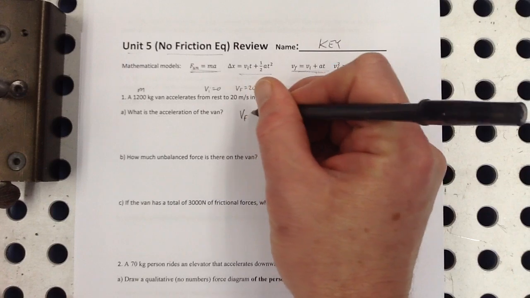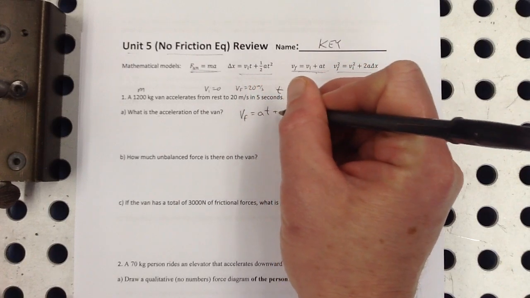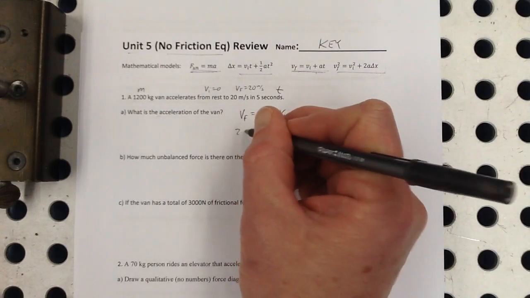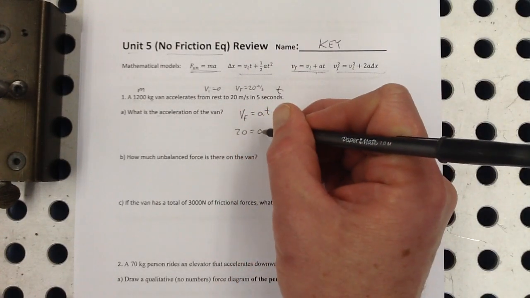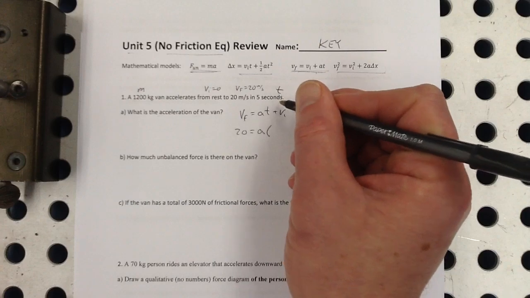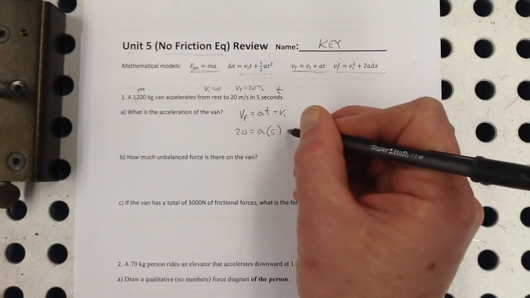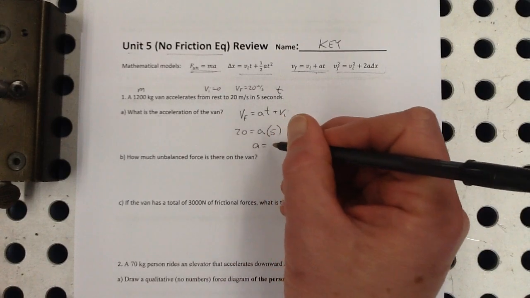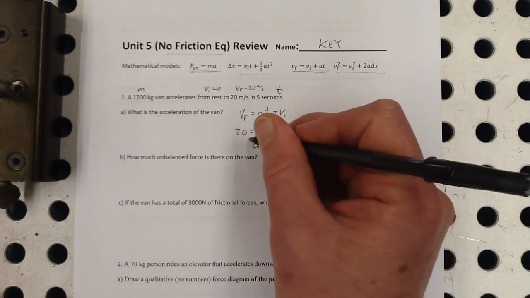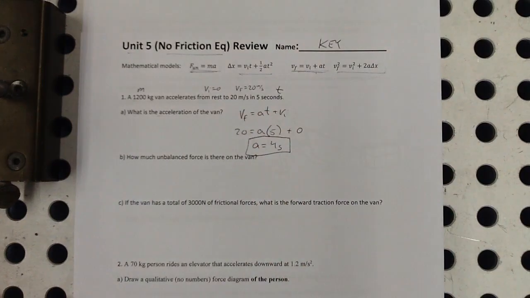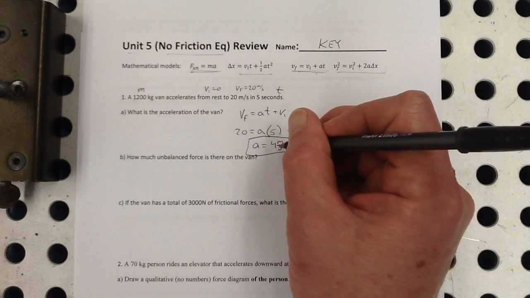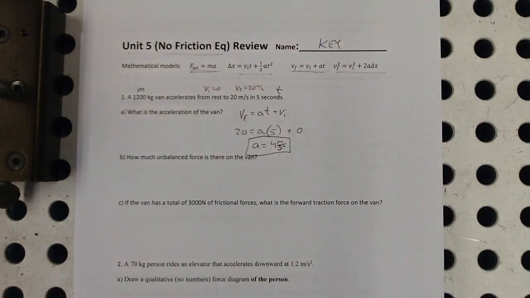I'm going to write down the equation that I'm going to use before I use it, and then put in what I know, and then solve that. There we go. So 4 meters per second squared is the acceleration.